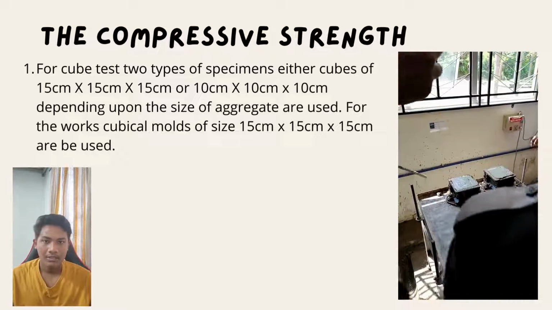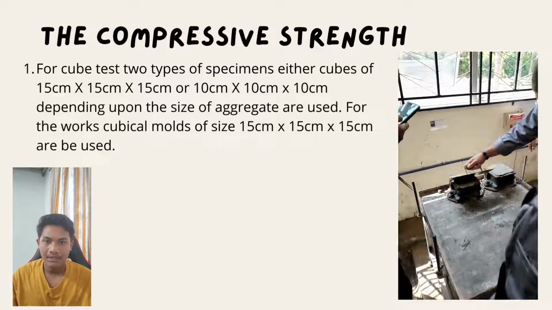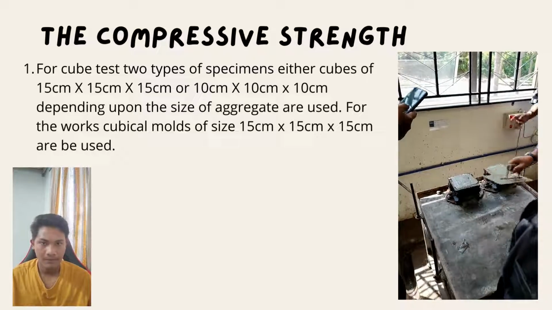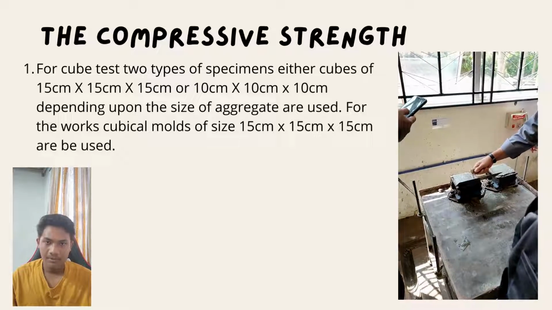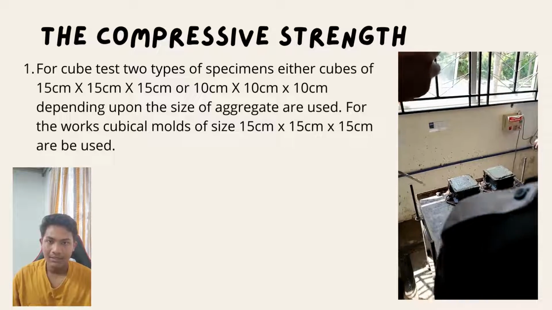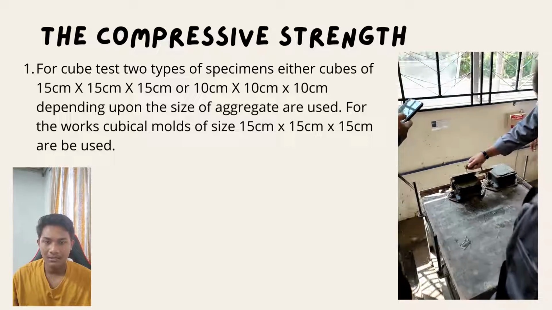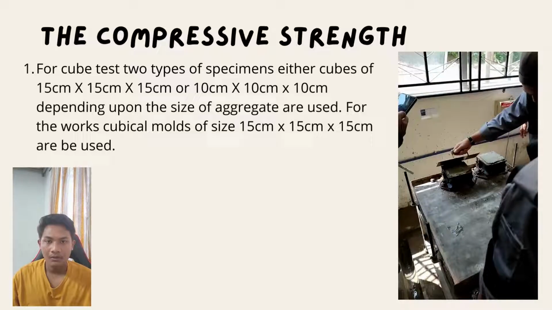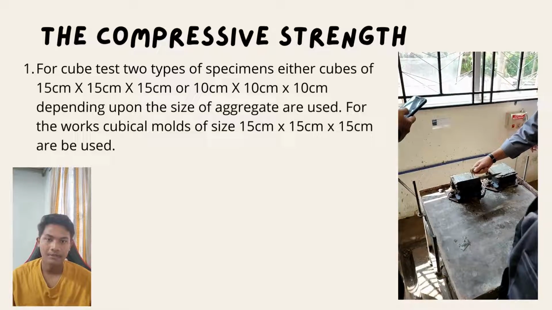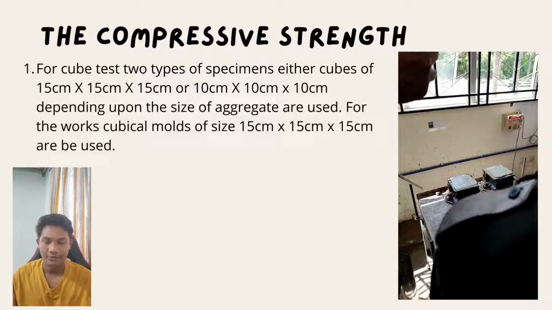For the test, two types of specimen, either cube of 15 by 15 by 15 cm or 10 by 10 by 10 cm, depending upon the size of aggregate used. For the work, cubical mold of size 15 by 15 by 15 cm is used.